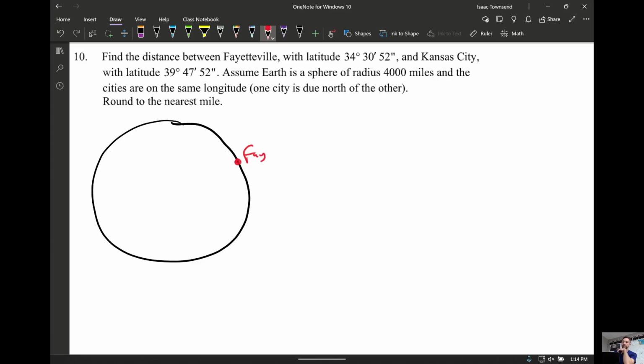So here's Fayetteville at 34 degrees, 30 minutes, and 52 seconds. And then a little bit bigger than that is Kansas City. It's about 39 degrees. And we are supposed to find the distance between those two.